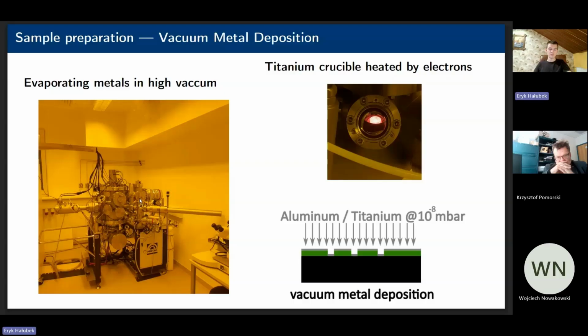So first you put your sample there in the load lock, and then you remove the air from the load lock. And after that, you can open the gate, which is a connecting element that connects the chamber to the load lock. And then here you can move your sample to the main chamber.